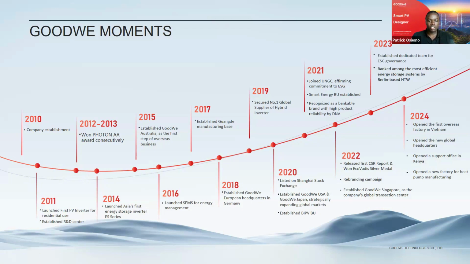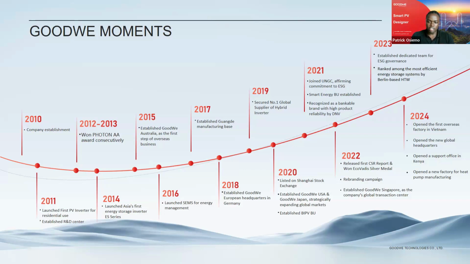And that's why we managed to expand into the Australian market, and launch our own monitoring portal called SEMS in 2016, and expand another manufacturing base in Guangdong. And in 2018, we established our headquarters in Europe, Germany, that is. Ever since, our products have been getting traction all over the globe.